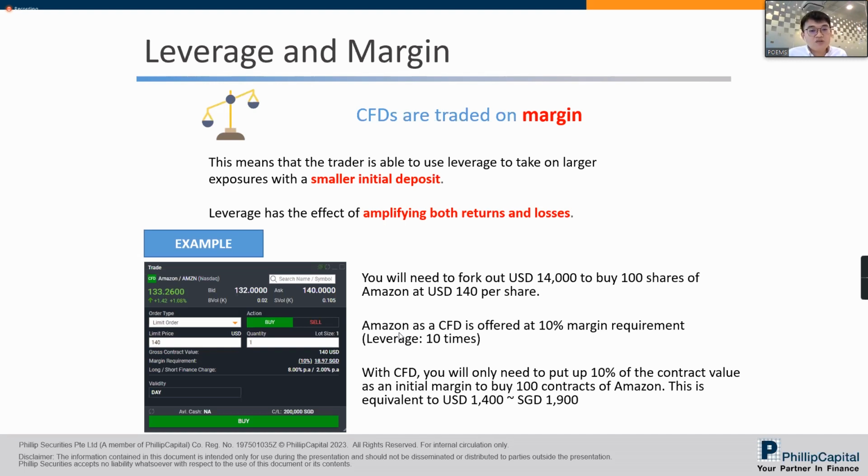With a CFD, you only need to put up 10% of the contract value as an initial margin to buy 100 contracts of Amazon. This is equivalent to US$1,400, which is equivalent to Singapore dollar 1,900. You only have to put in US$1,400 instead of US$14,000.